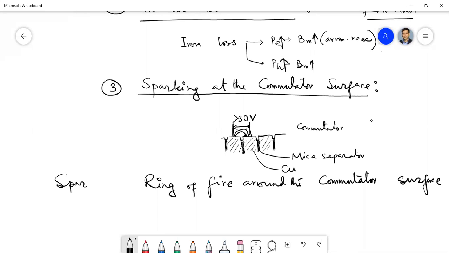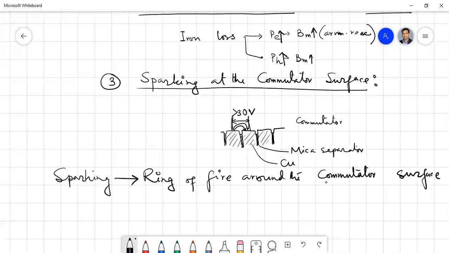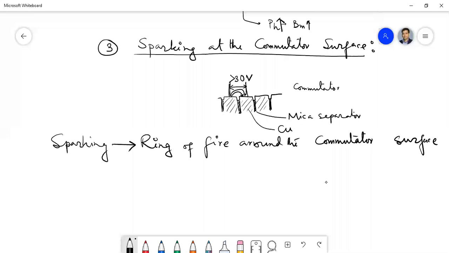Sparking leads to the ring of fire around the commutator surface. So have you understood this point?